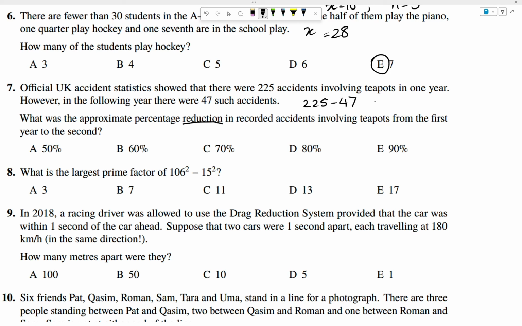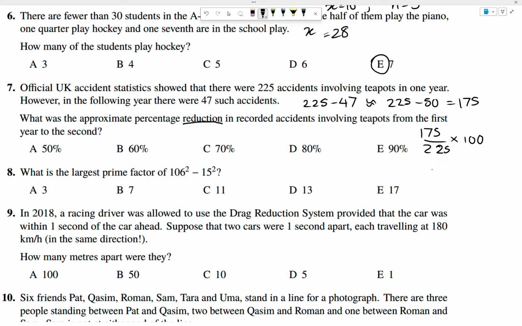But if we're trying to approximate, we could approximate this to something like 225 minus 50, which is 175, and then this is as a percentage of the initial accidents in the first year.